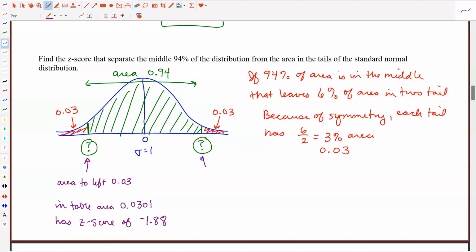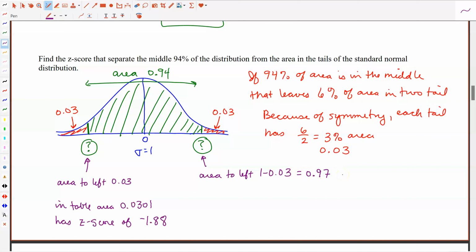What about this value over here on the right? For this right-most value, the area to the right of it is 0.03. But remember, our table wants area to the left. So with respect to this other z-score value I need to find, the area to the left of it is 1 minus 0.03, or 0.97.